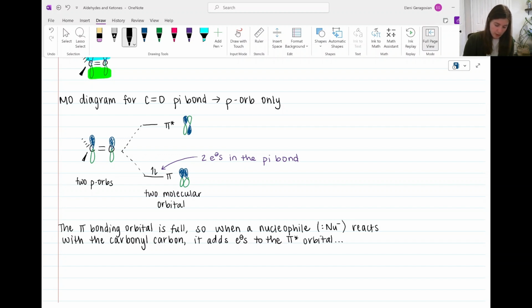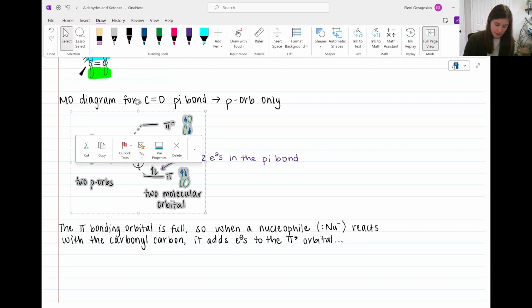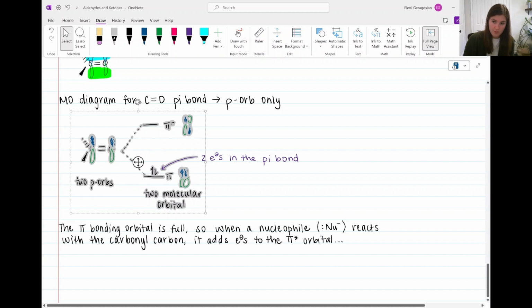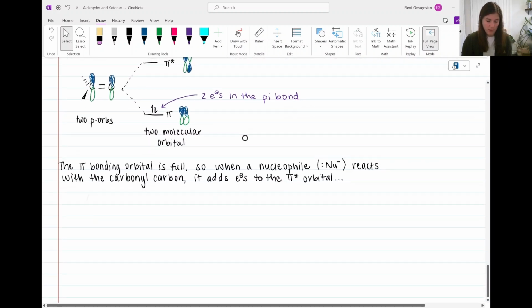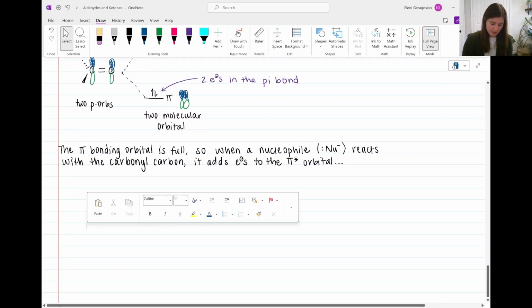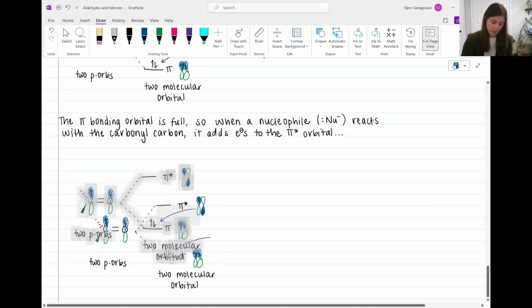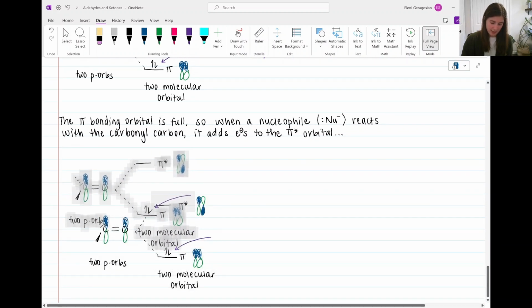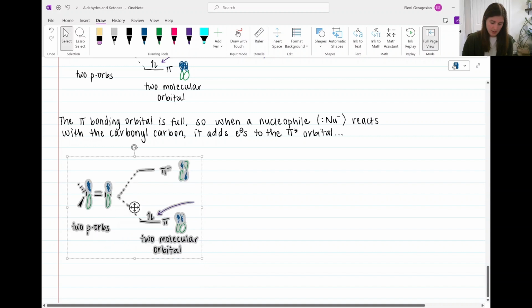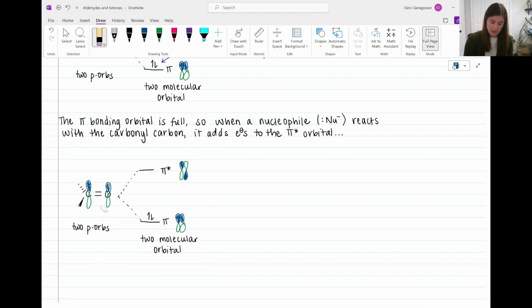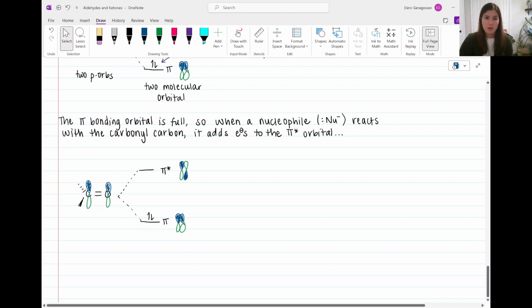So I'm going to copy and paste what we've drawn so far here. If you're not able to copy and paste your notes, you might just take a moment and redraw that MO diagram. You want to have 2 electrons in the pi bonding orbital. That's where the electrons in a carbonyl bond would exist.